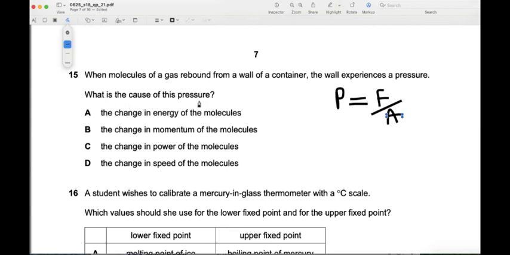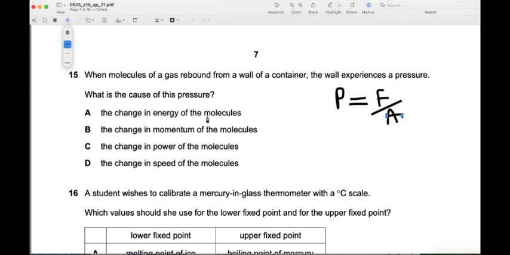So what is the cause of this pressure? One of the causes of the pressure is the change in momentum of the molecule. The molecules move zigzag, randomly. They hit themselves, they hit the walls, they bounce off. So the cumulative effect of their change of momentum results in pressure.